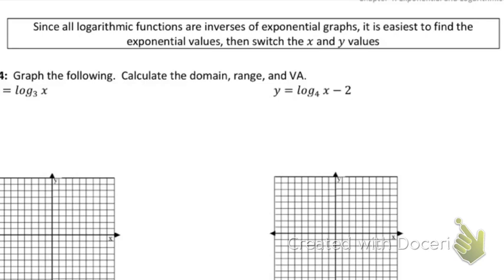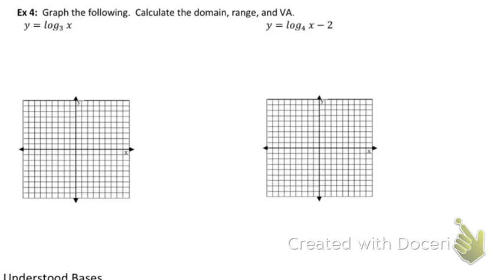So I'll say that once again. We start with a log. Let's see this first example. I have log base 3 of x. It can be really hard to pick x values that plot nicely on here.